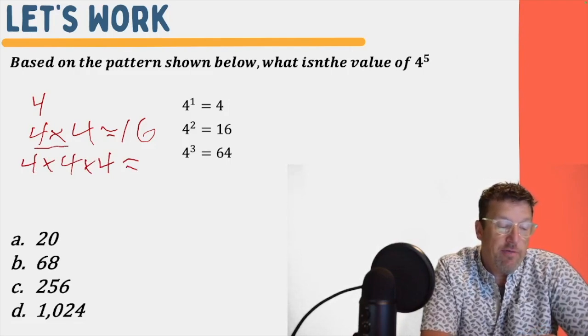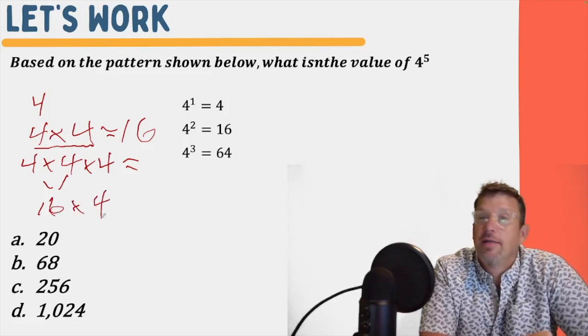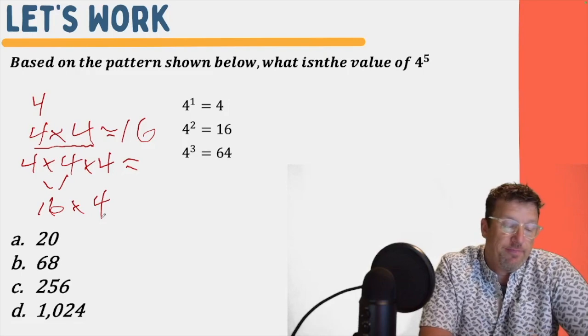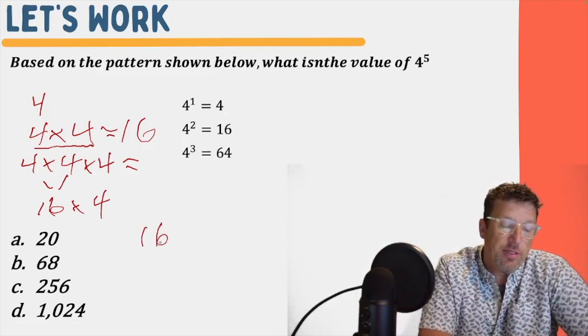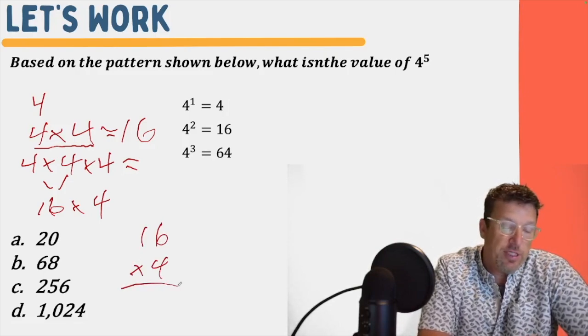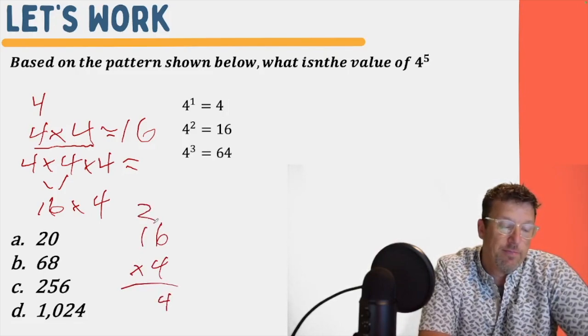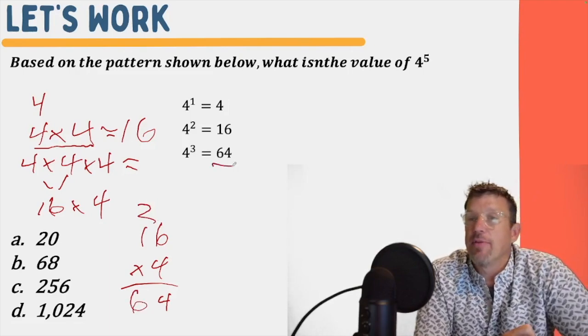We already know that 4 times 4 equals 16, so if we multiply it by 4 again, 16 times 4, well, if you're allowed to use a calculator, you could. If not, you simply do your multiplication. 6 times 4 is 24. 4 times 1 is 4 plus 2 is 6, so 64. That's how they came up with that answer.